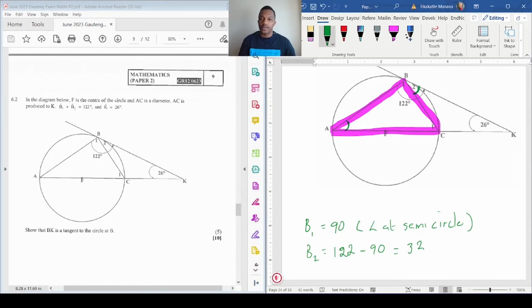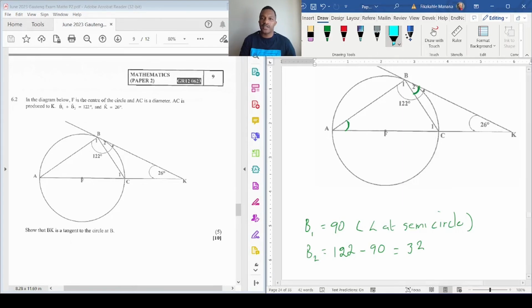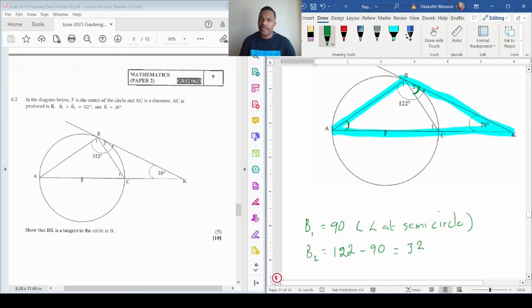Okay, now we need to solve A. What can we do with A? Now, if we look at a different triangle this time, let's change its color. Let's go cyan. If we look at this triangle now, A, B, K, right? From this triangle, we can see we have the angle of B there, which is 122. We have the angle of K, which is 26.